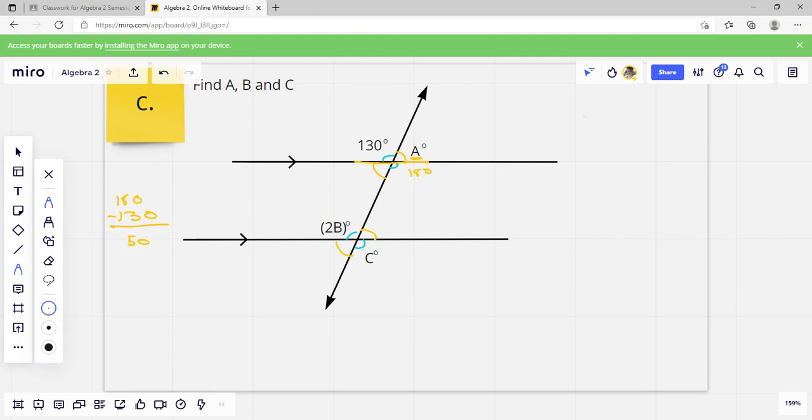So that means A equals 50. We still have to find B and C. Okay, C is a little easier because it's just a blue, right? And our blue is 130. So C is 130.